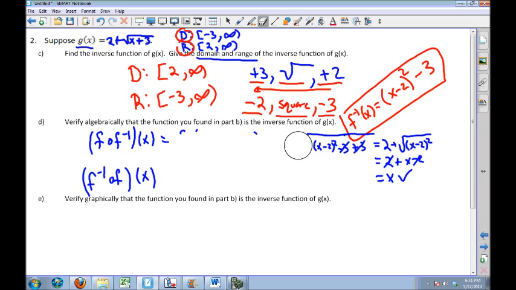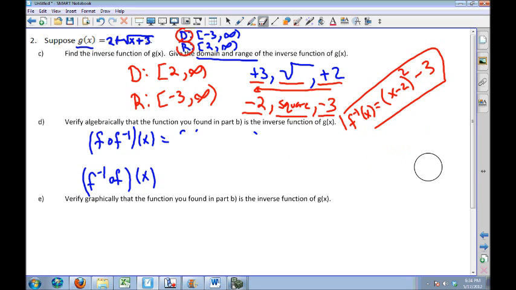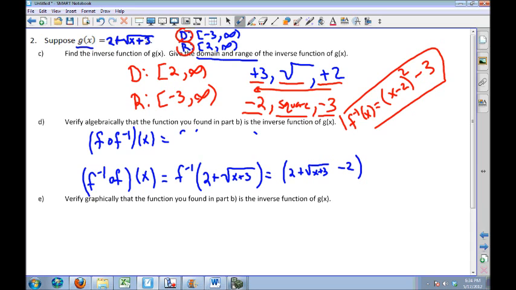Moving on to the second. Give myself some room to erase this. F inverse of f of x would be f inverse of 2 plus the square root of x plus 3, which is equal to 2 plus the square root of x plus 3 minus 2, quantity squared, minus 3.